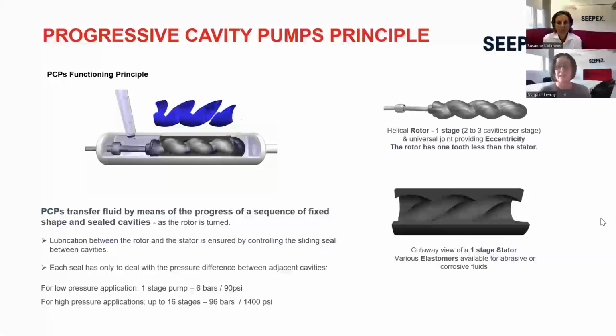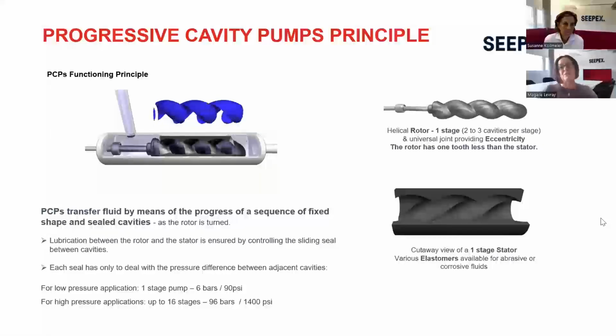With that functioning principle, we really understand why this is a perfect technology to handle abrasive and shear sensitive fluid. Important as well to understand that the lubrication between the rotor and the stator is ensured by controlling the sliding seal between cavities, and each seal only has to deal with the pressure difference between adjacent cavities.